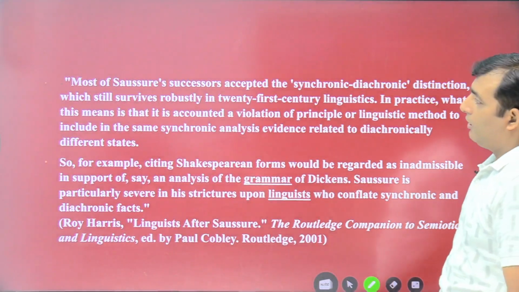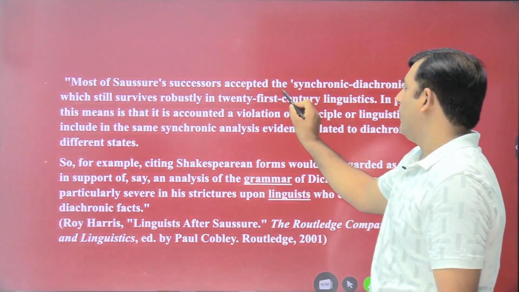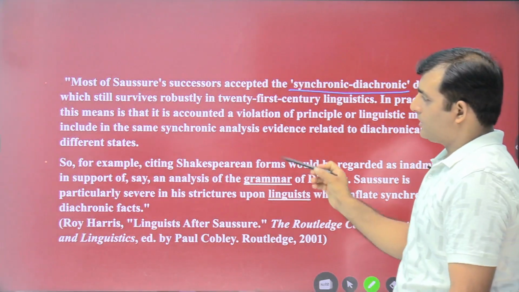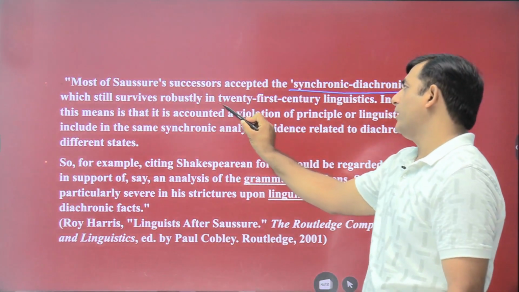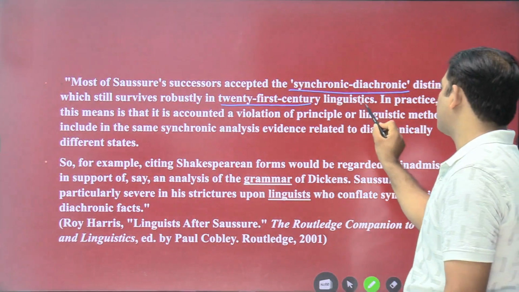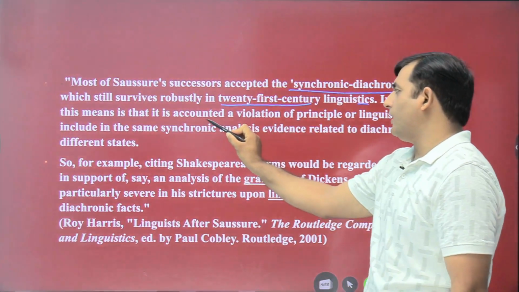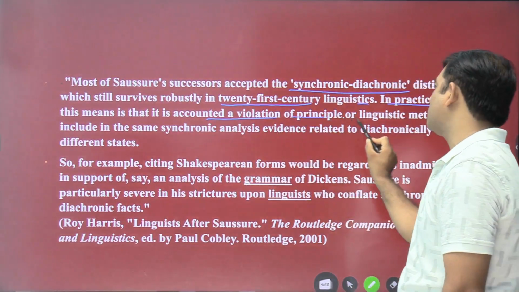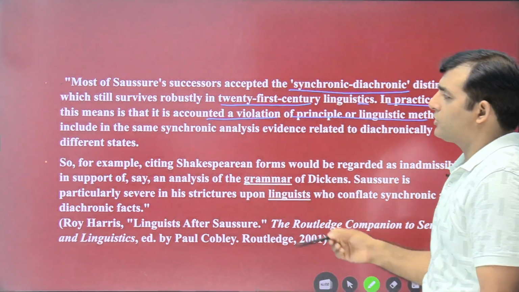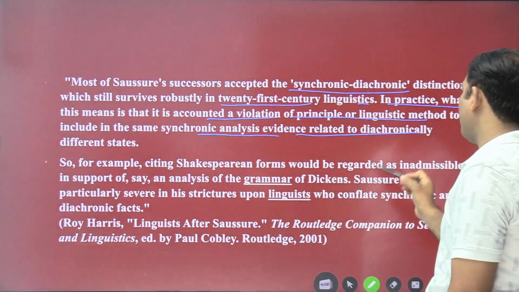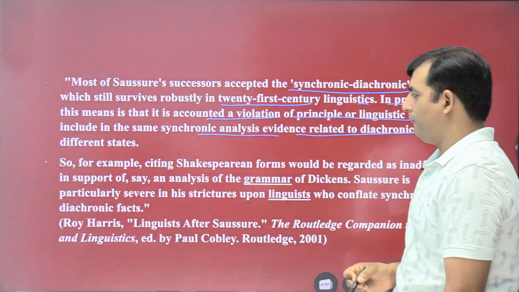Most of Saussure's successors accepted the synchronic diachronic distinction, which still survives robustly in 21st century linguistics. In practice, what this means is that it is accounted a violation of linguistic method to include in the same synchronic analysis evidence related to diachronically different times.